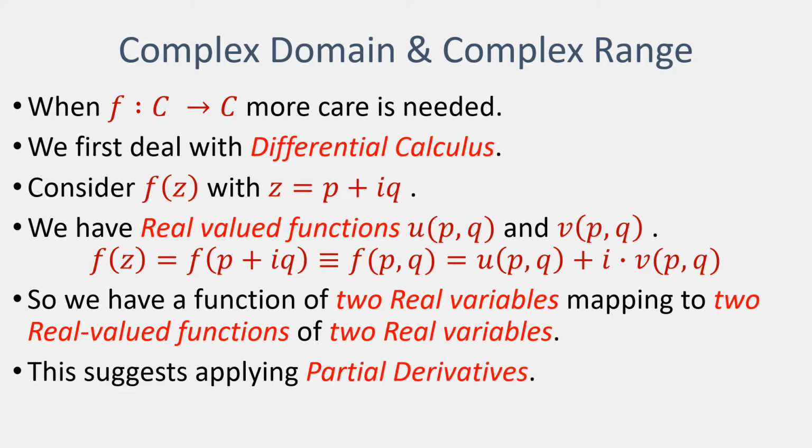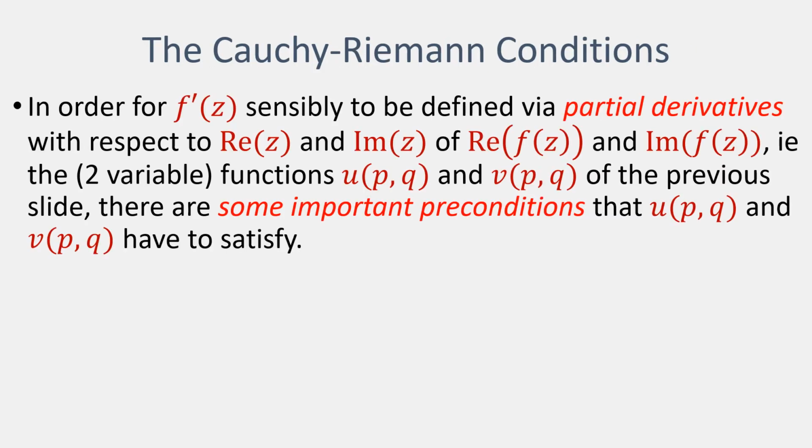So what that's suggesting as our mechanism for extending differential calculus is that we look at partial derivatives. Now, in order for the first derivative of a complex valued function to be defined in a sensible way via partial derivatives, we need two important preconditions to be satisfied.